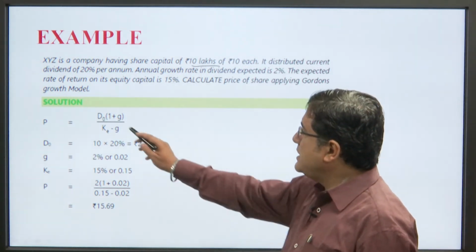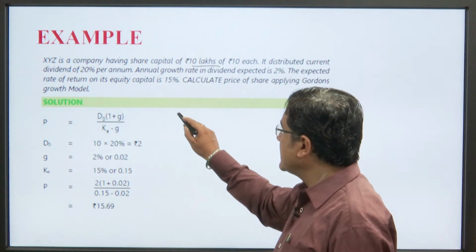Our formula is D0 (1 plus G) divided by KE minus G, I am repeating here.